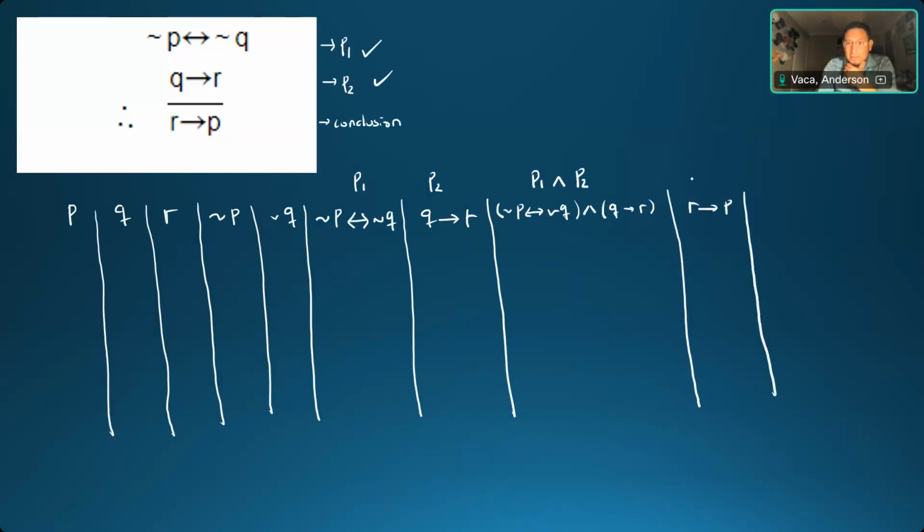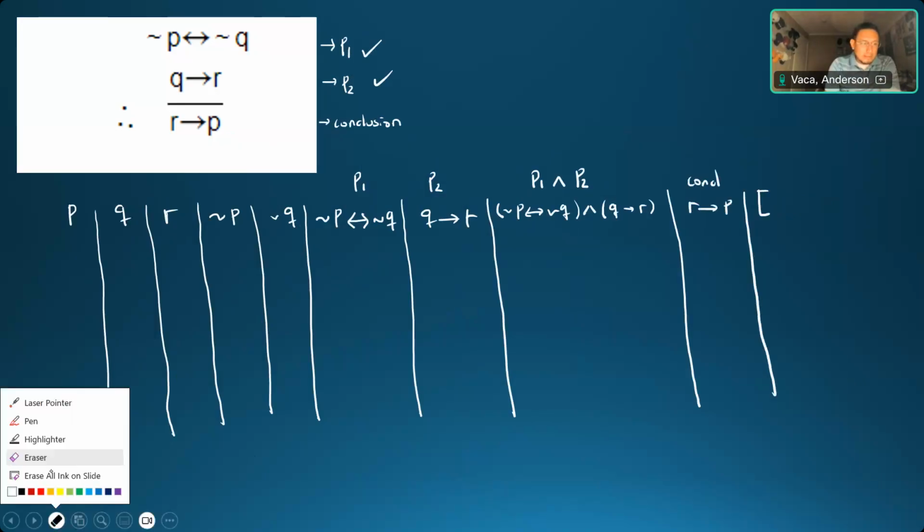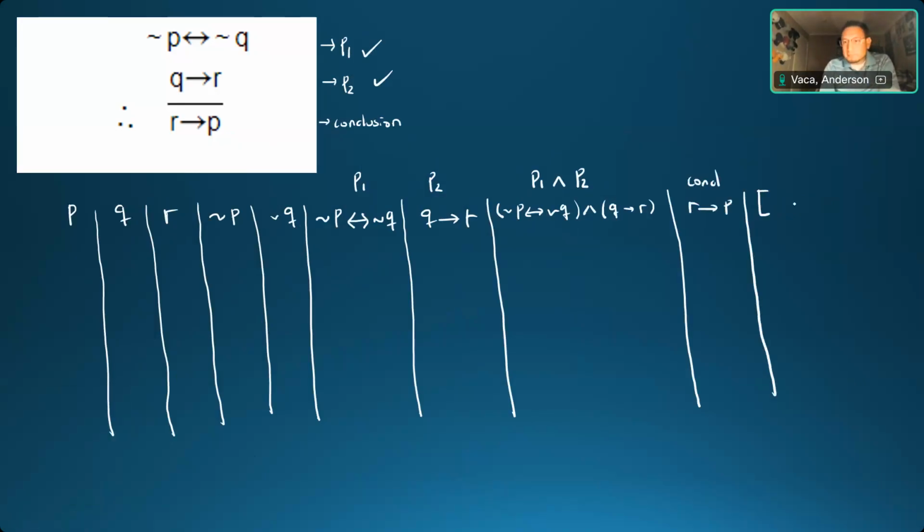Okay, that's the conclusion. And then the very last column will be the premises put together. I'm running out of room here, so I'm going to do this. I need a parentheses. It is going to be the premises put together, and then with the conditional conclusion.